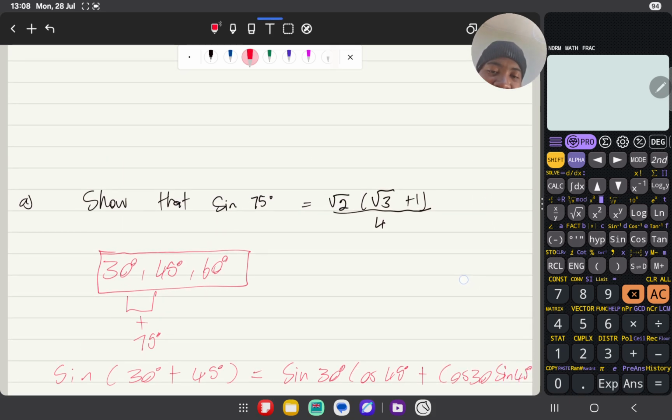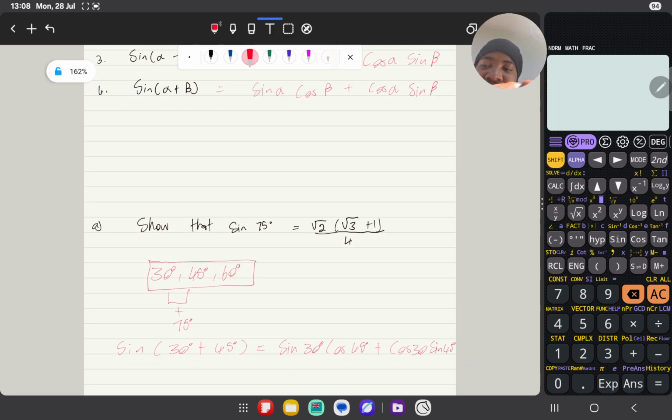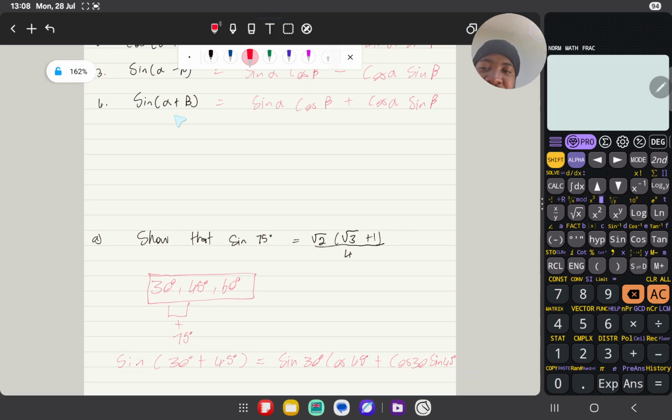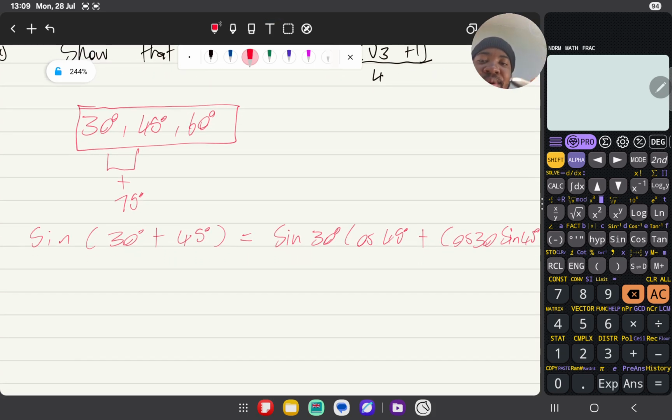To verify, let's check with the identities. We have sine alpha cos beta, and then plus cos alpha sine beta. So that's how it's done. Now it's just about you remembering your special angles. For me, I always go to my triangles.